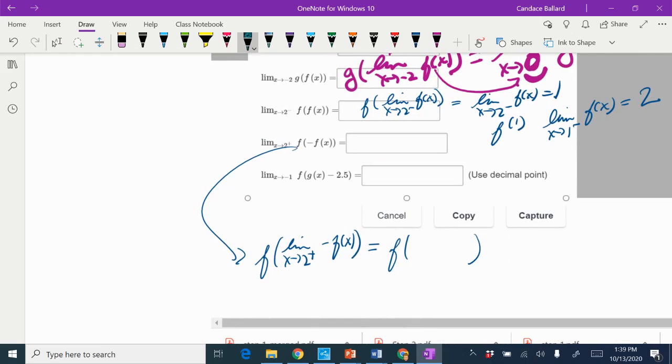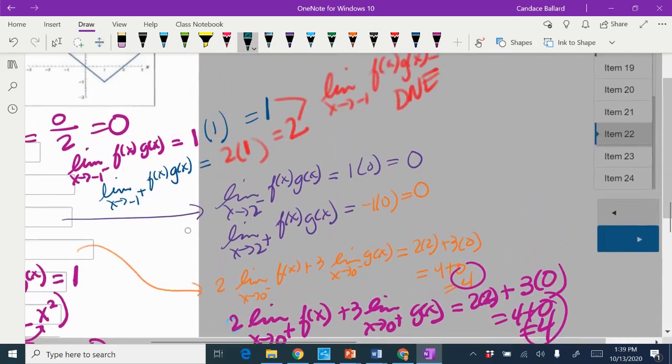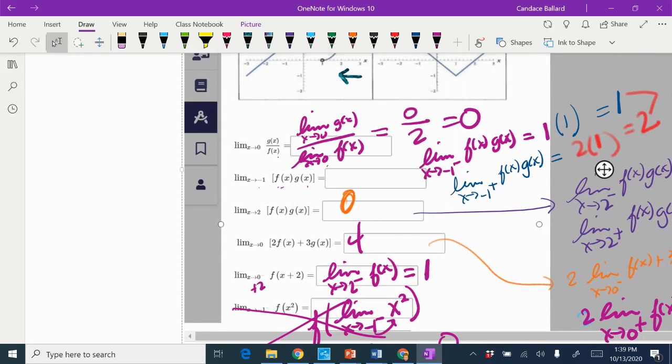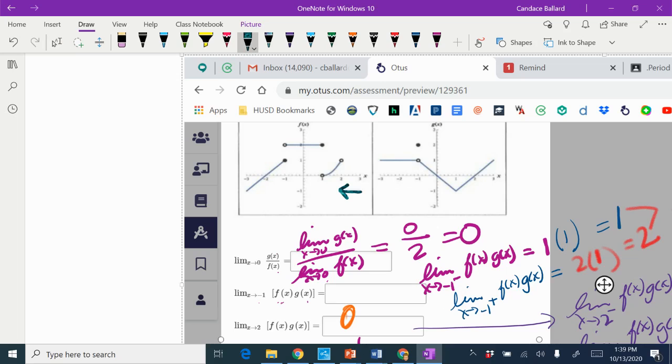So I've got negative from here and then a -1, which means we've got f of 1. Because it was a constant function, we now can evaluate f of 1. So f of 1 happens to be 2.